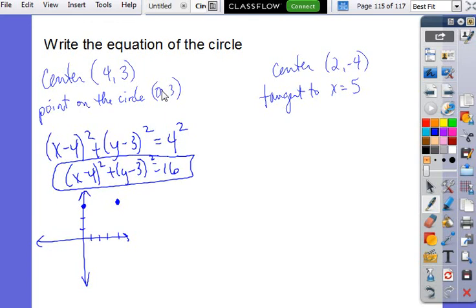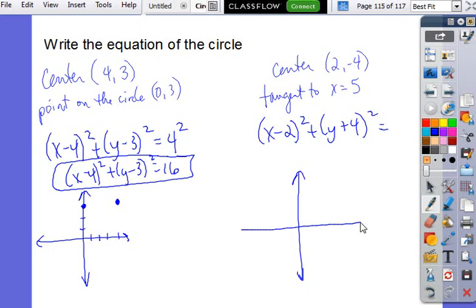Same process. I can do x minus 2 squared, y plus 4 squared. So there's that part. I'm still missing the radius. Well, I'm going to go back to a graph. 2, negative 4. So that's down here. It is tangent to x equals 5.